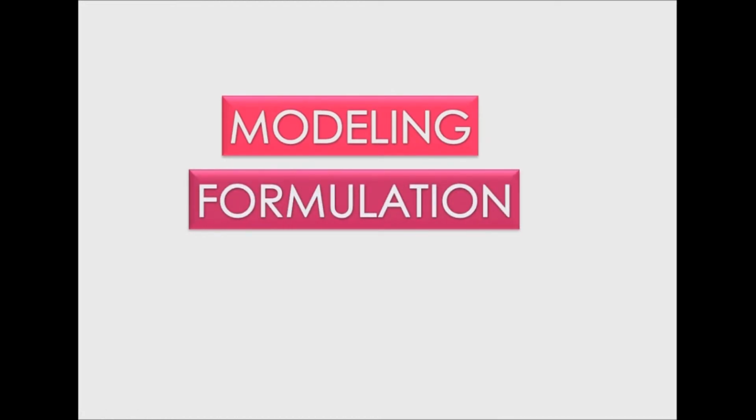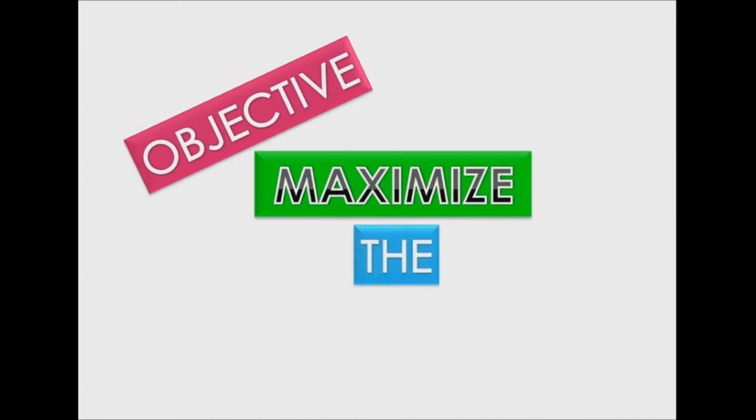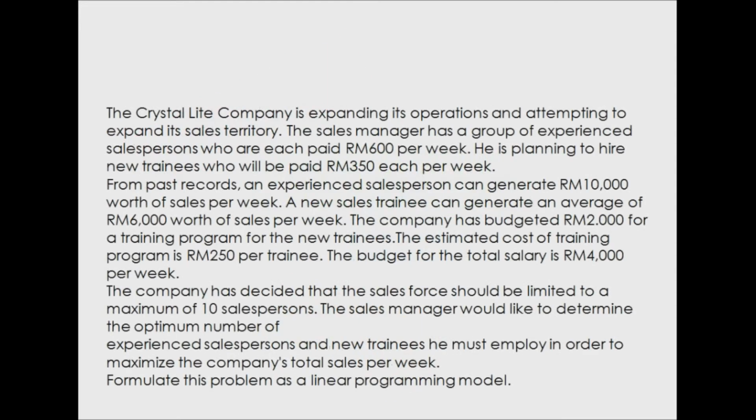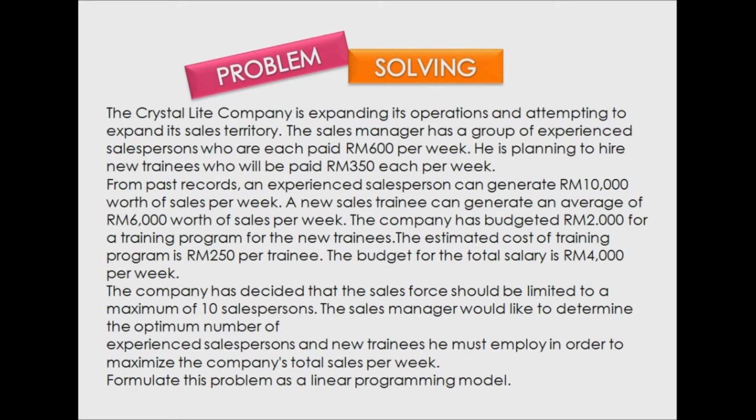Modeling formulation. The first part we will look at is the objective, which is to maximize the profit. The Crystal Light Company is expanding its operation and attempting to expand its sales territory.